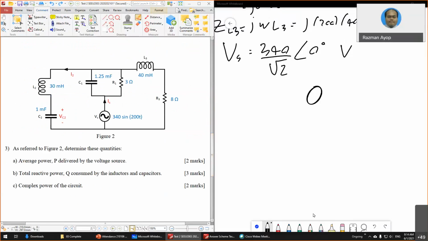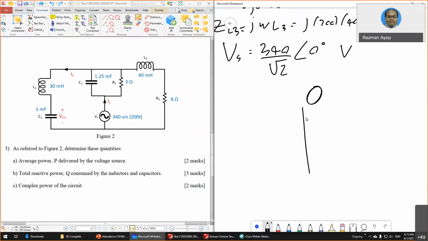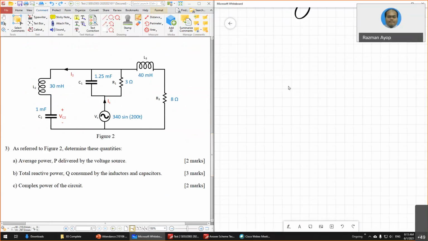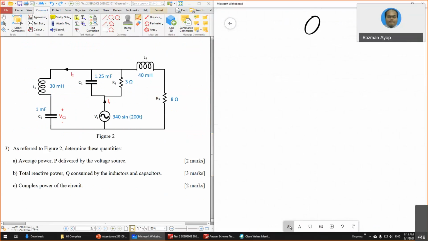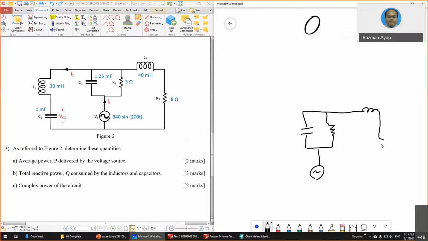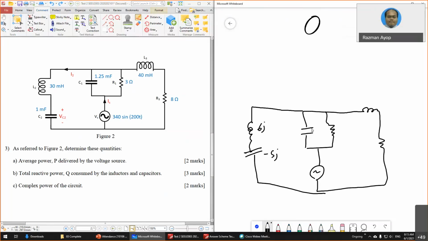So you can see here, this is J6, this is negative J5, and then this one is 3 ohm.